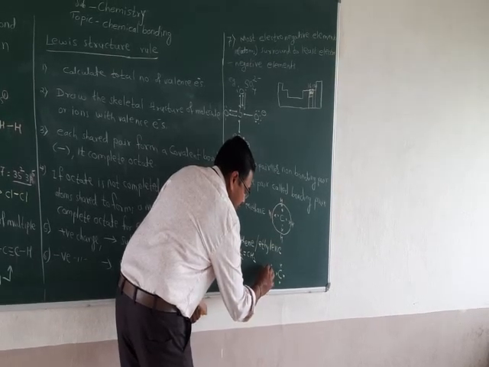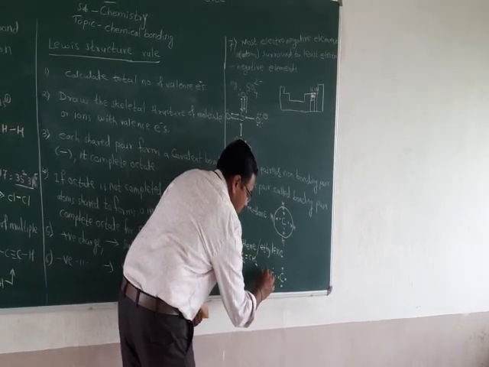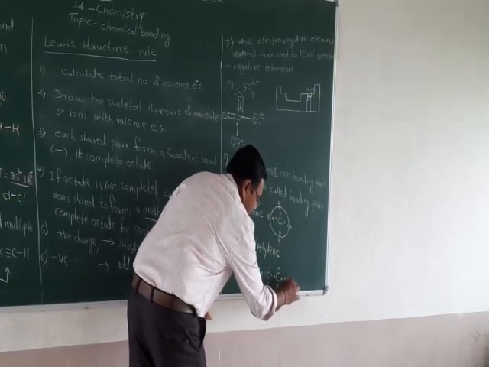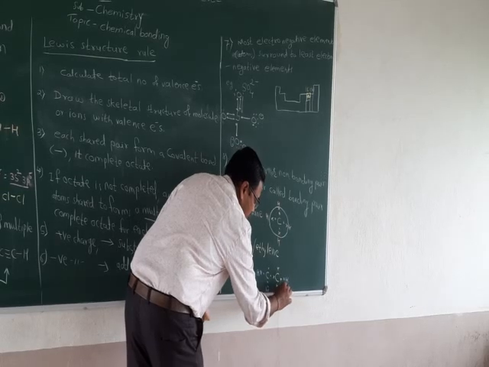These 2 hydrogen atoms are indicated by a cross line, the first, and this is the second hydrogen.